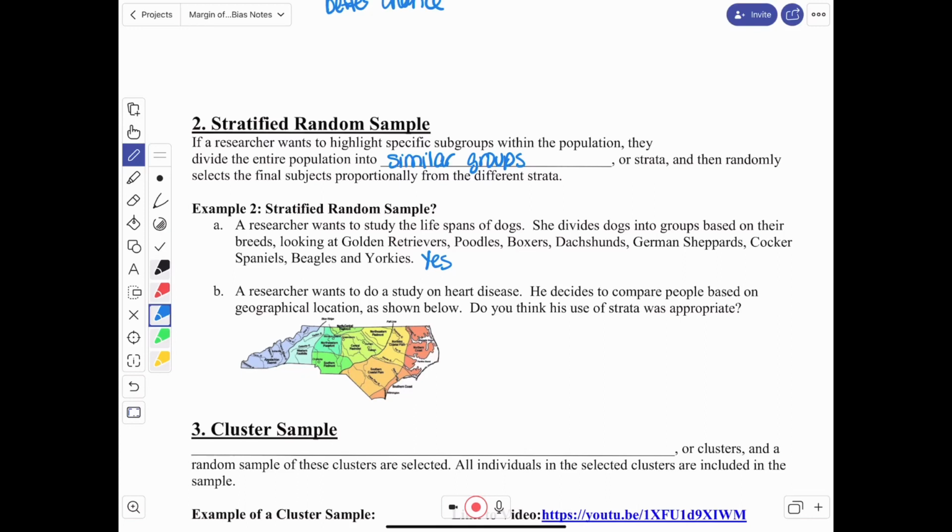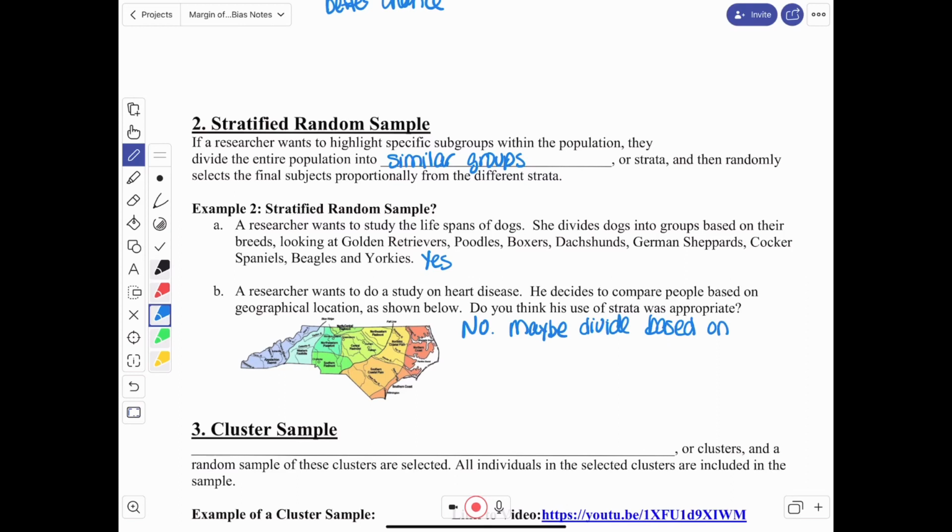So a researcher wants to do a study on heart disease. He decides to compare people based on geographical location as shown below. Do you think his use of strata was appropriate? So no, not really, because maybe their geographical location has nothing to do with heart disease. So maybe we should divide based on something that has to do with heart disease.